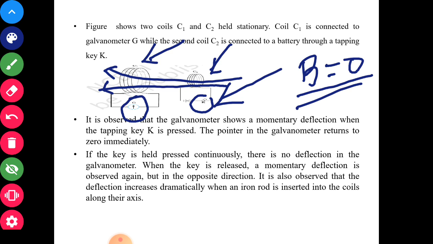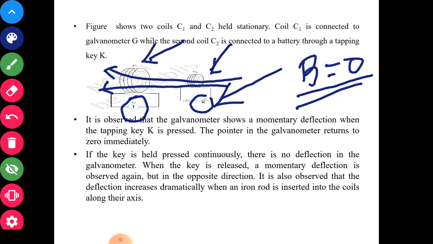When the field lines become constant, the deflection becomes zero. When you switch the key off, again from maximum field lines to zero, there is a change in magnetic field lines, which again causes a momentary deflection, and then the deflection becomes zero.